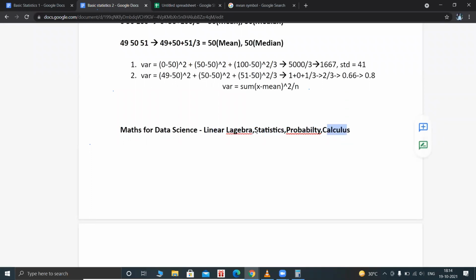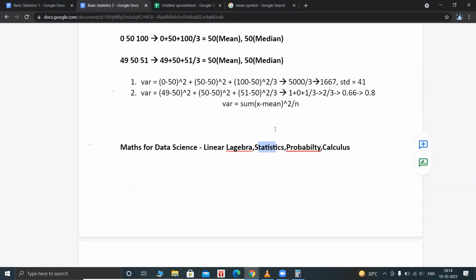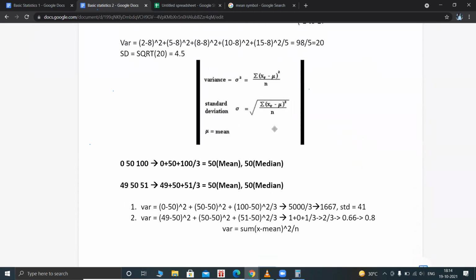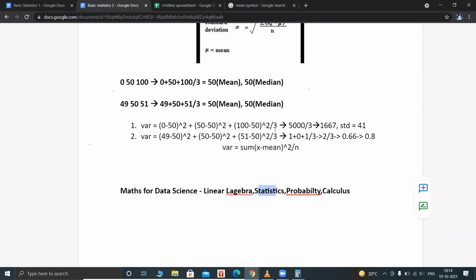Calculus, linear algebra and probability are very simple, and statistics we have completed almost a few parts of. Statistics is basically where we do some statistical analysis on data to have some opinion on data distribution.